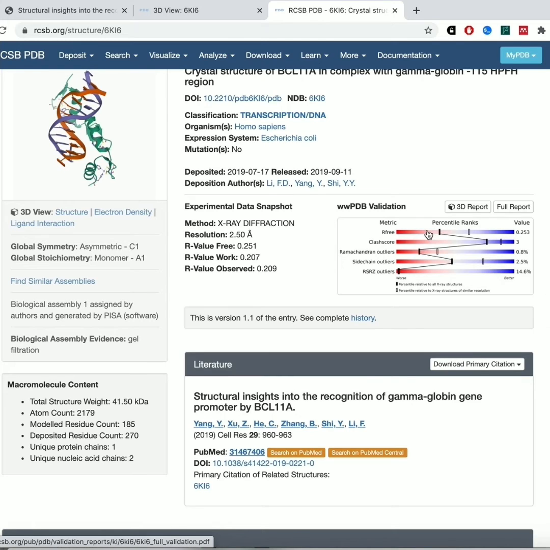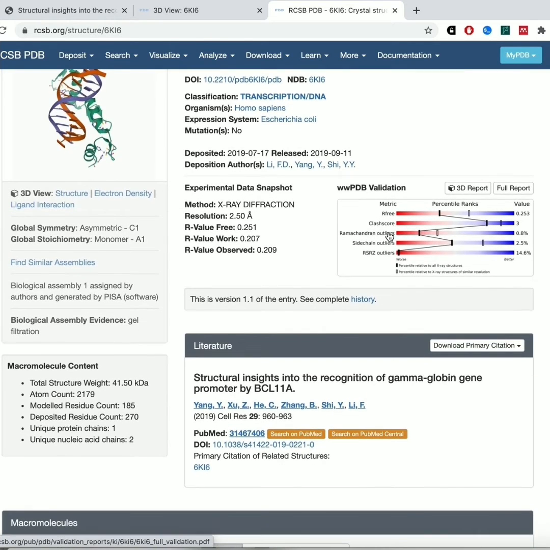So we talked about the R free, which is a measure of how well your model fits to the data. With the rest of this stuff, we're getting into the quality. With the resolution, we got into the quality of the diffraction data.